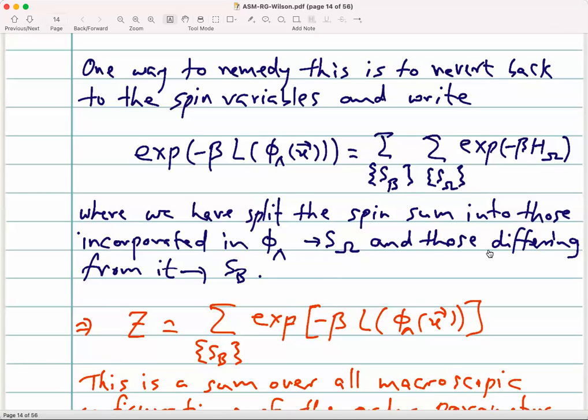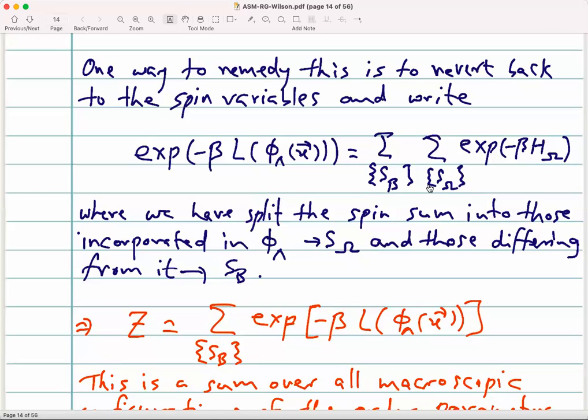So we define S omega to be the representative spins which tell you the value of phi lambda in the Landau-Ginzburg variable, and for every such set of S omega you have another set of spins which differ from this S omega, and they form their own set of blocks.